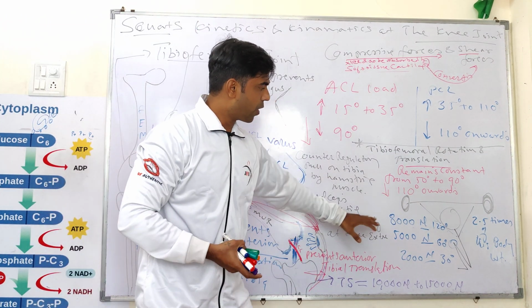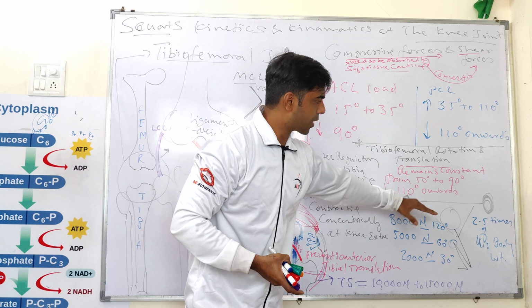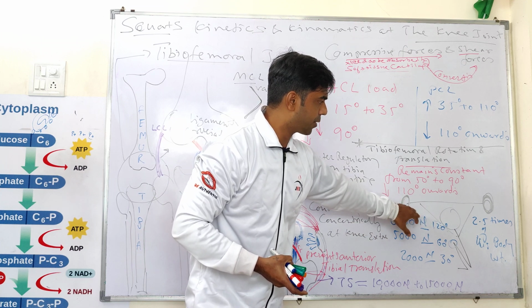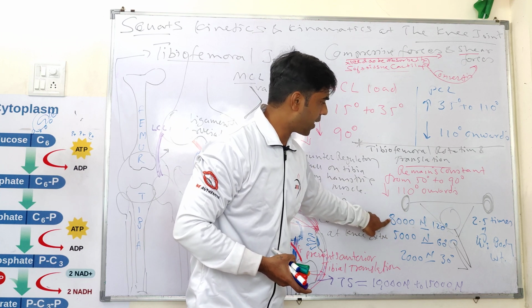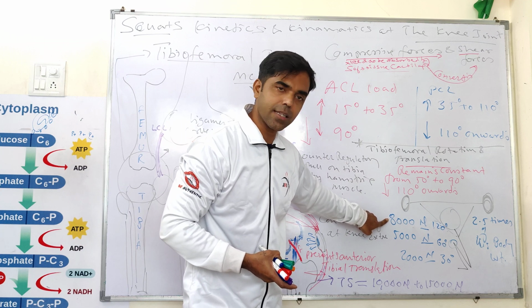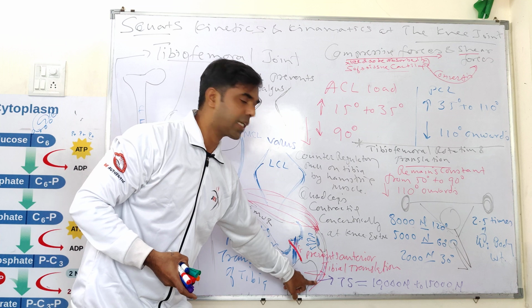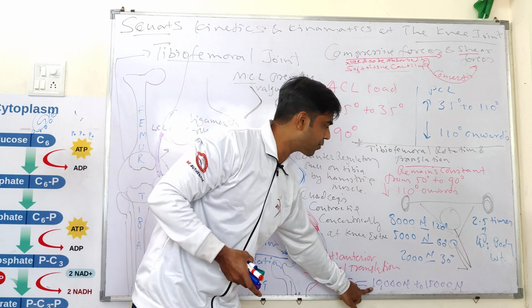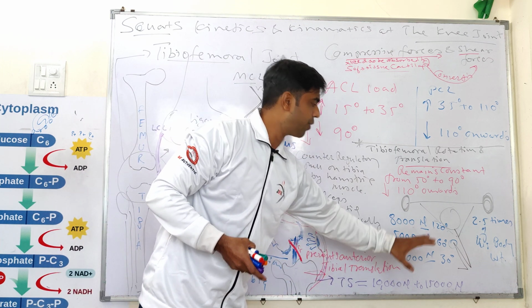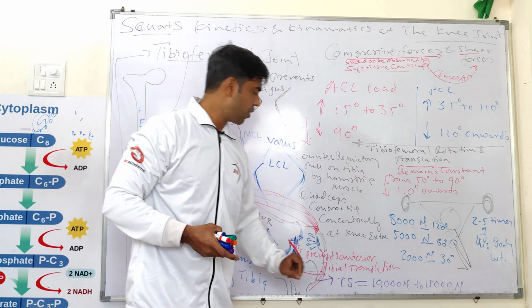So even the person who squatted with 2.5 times his body weight recorded the highest peak of 8,000 Newton meters, but the patellar tendon was able to take a load of 10,000 to 15,000 Newton meters, right?